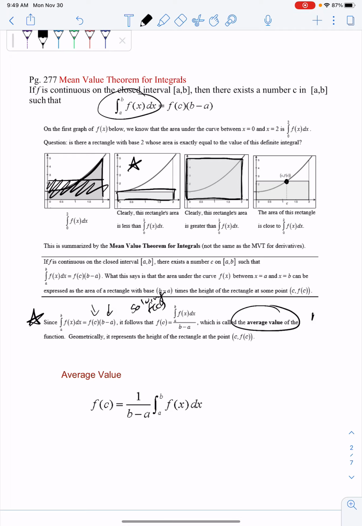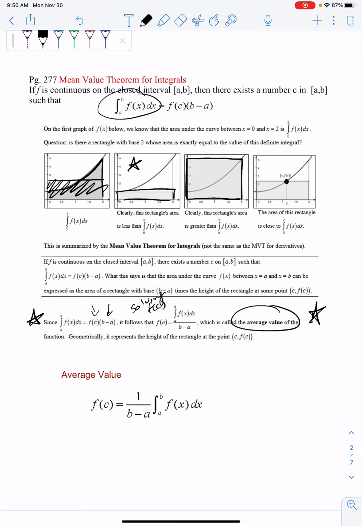And this one, I promise you, is going to be on the AP test. This is a formula that you are going to have to memorize. This is one that you're going to have down and be comfortable with. The average value of a function is just the average height of the function, pretty much.